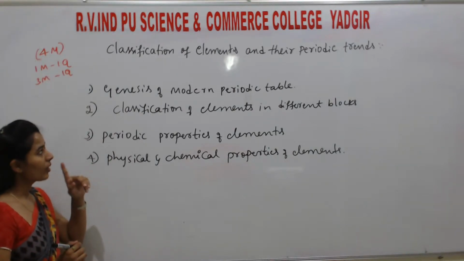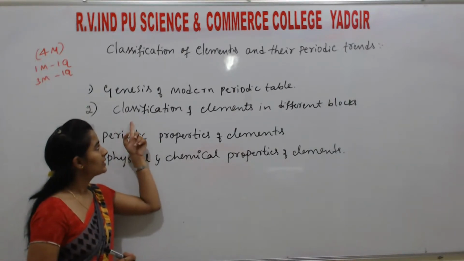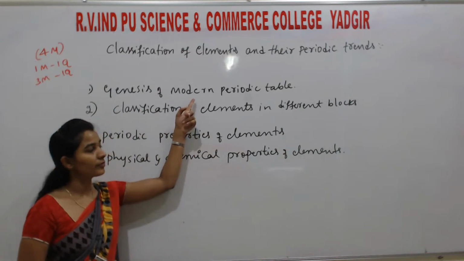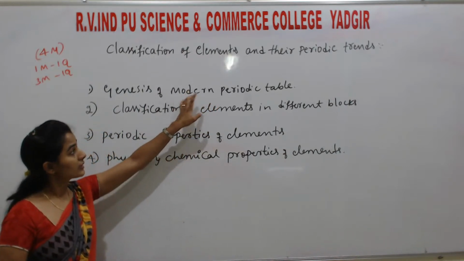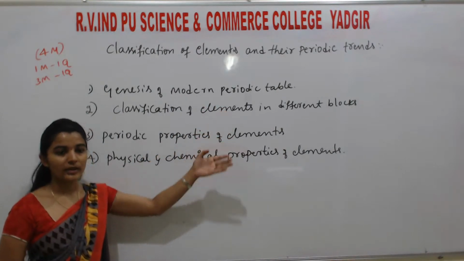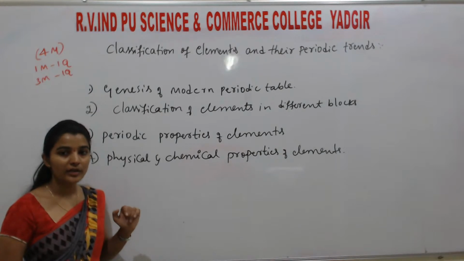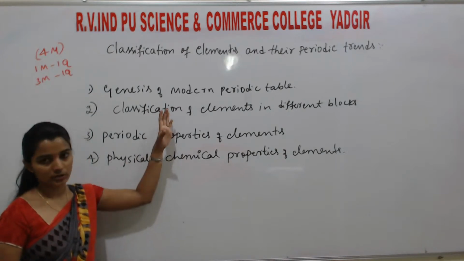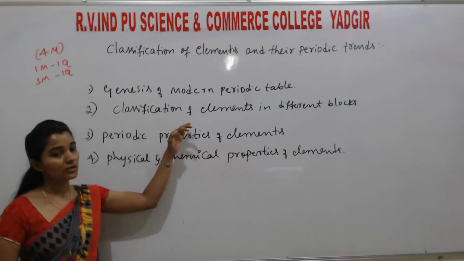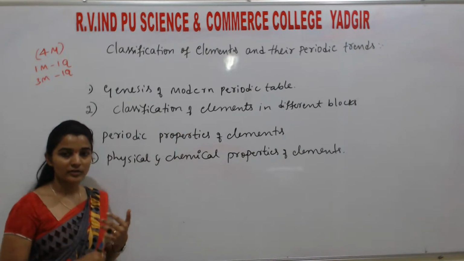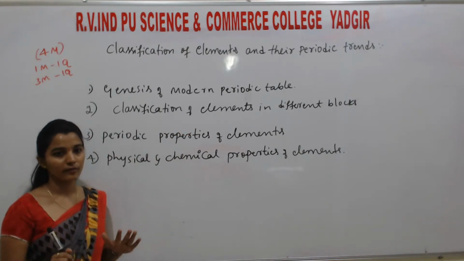The 1 mark question is from the classification of elements or the genesis of the modern periodic table: what is the modern periodic law, what is Mendeleev's law, what is the law of triads, what is the law of octaves. And for classification of elements: what is the general formula of s block, p block, d block, and f block.